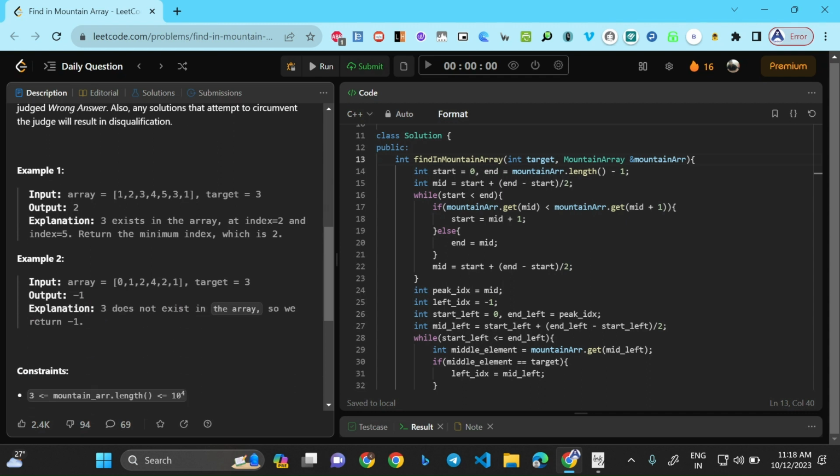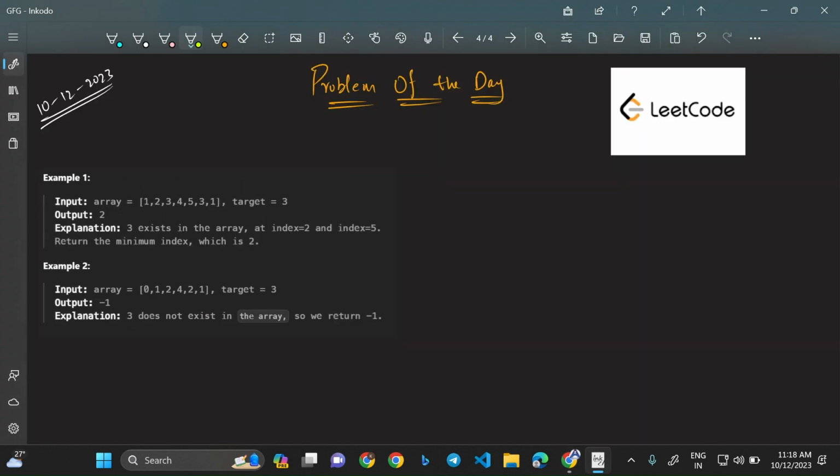Let us see the question and understand it. So this is the mountain array. Why is this a mountain array? Let us represent this on a number line or a coordinate axis. This is 1, this is 2, this is 3, this is 4, this is 5, and then 4 again, 3, and so on. The y axis represents the value, and the x axis represents the index.